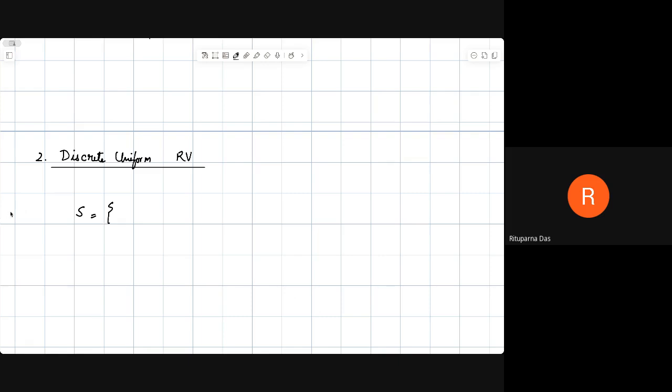Cool. So let me go through some of the distributions and then we can move on to the question. I'll be really quick with it. So, discrete uniform random variable.